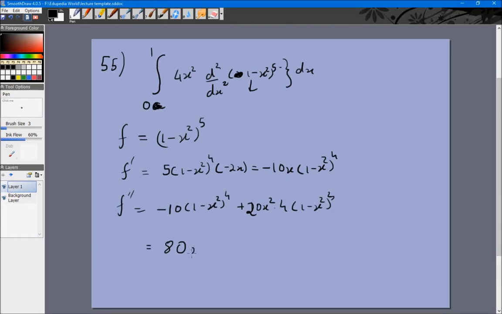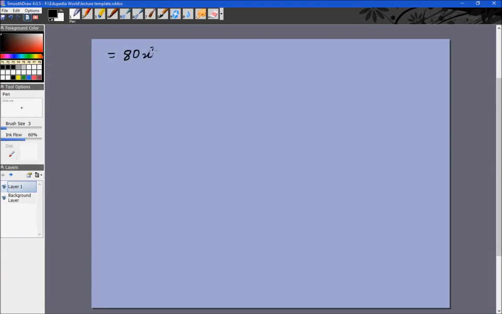So 80x squared times (1 minus x squared) whole cube minus 10 times (1 minus x squared) to the power 4.